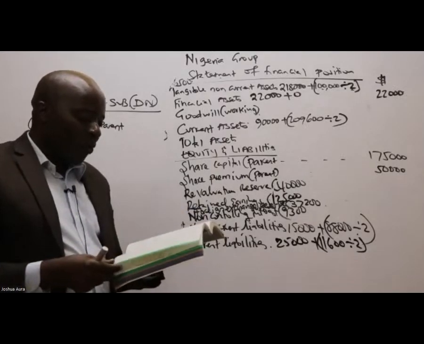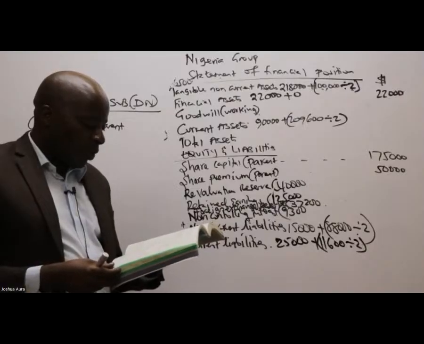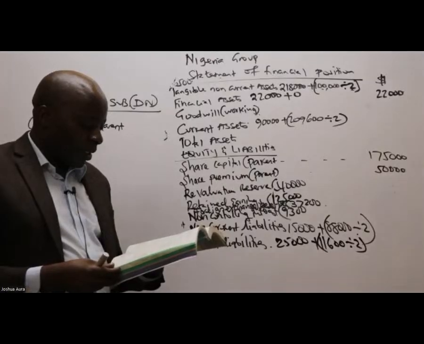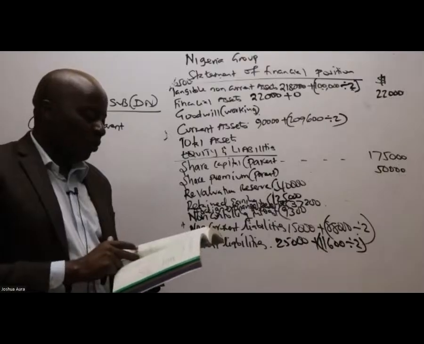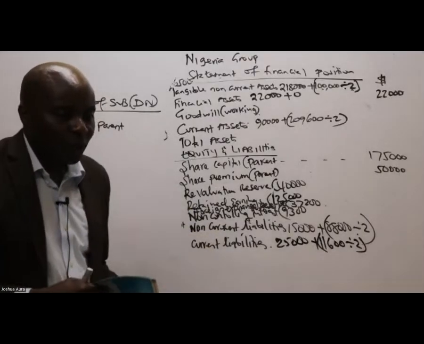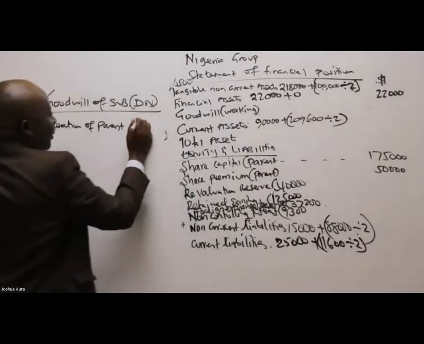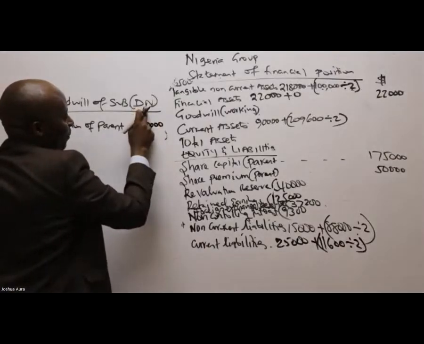Have you been given how much the parent paid for the subsidiary? They're not talking to me. Perhaps they don't have the question. So Mary tells me the parent paid 400,000. And this has to be in terms of the DNs.